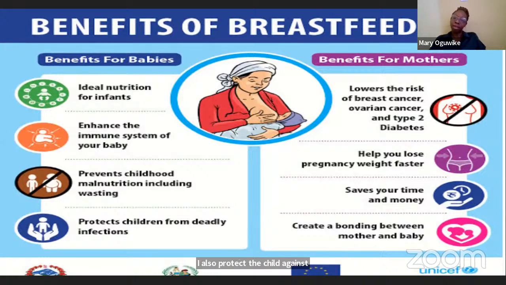Now, for the mother, the number one benefit is that it lowers the risk of breast cancer and ovarian cancer. Now, how does breastfeeding lower the risk of breast cancer and ovarian cancer? I'm sure some of us know that breastfeeding is like a natural family planning method. When a mother breastfeeds a baby, it lowers the hormone estrogen.